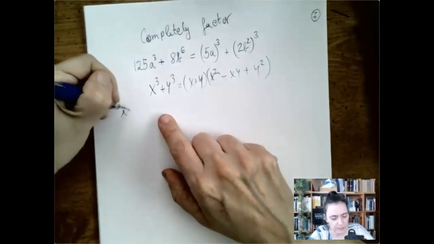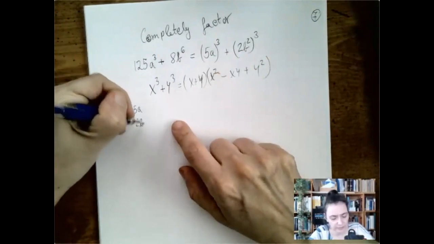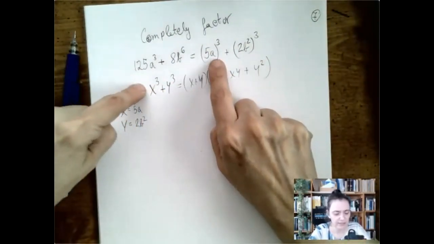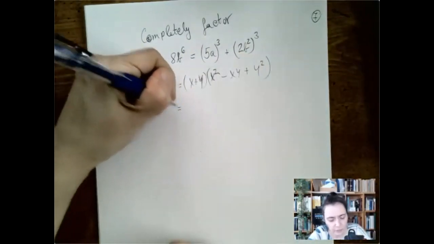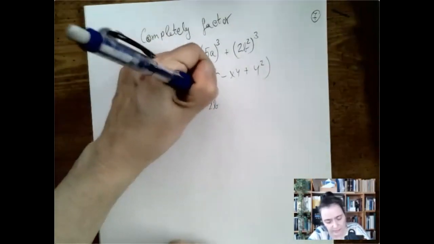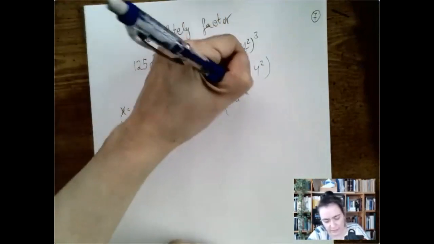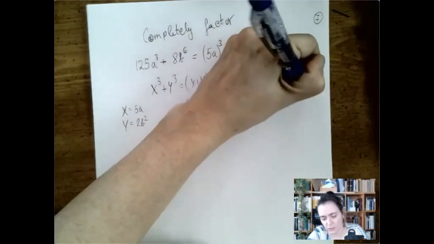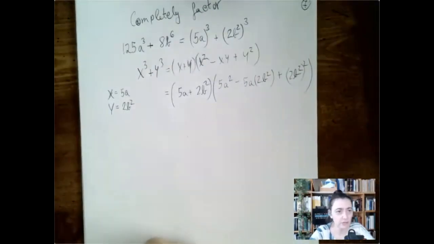Basically, x is going to be played by 5a, and y is going to be played by 2b squared, right? 5a is cubed. 5a plays the role of x. 2b squared plays the role of y. And so the most common mistake is we have 5a plus 2b squared times 5a squared minus 5a times 2b squared plus 2b squared squared. And so this is wrong.